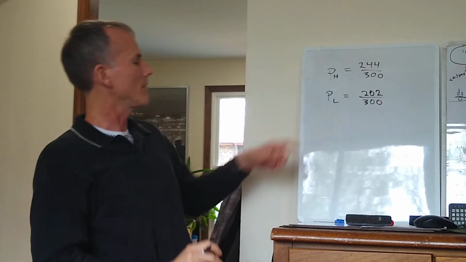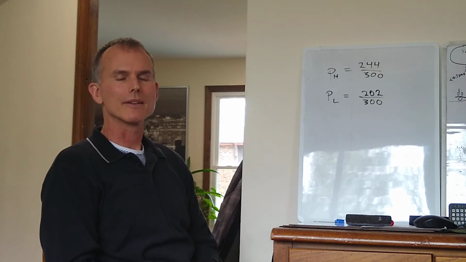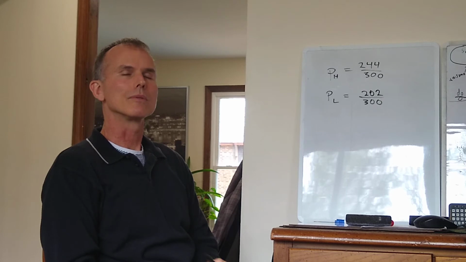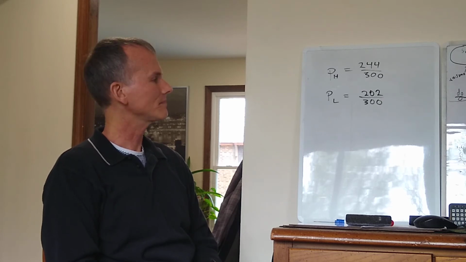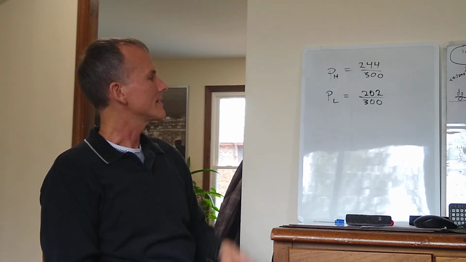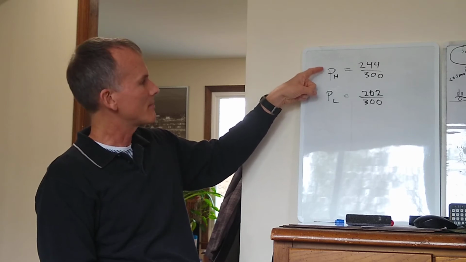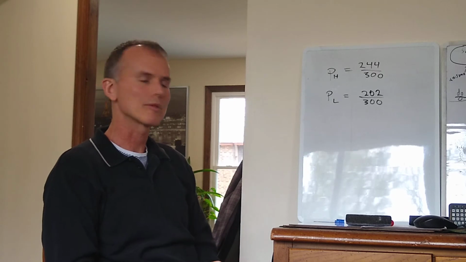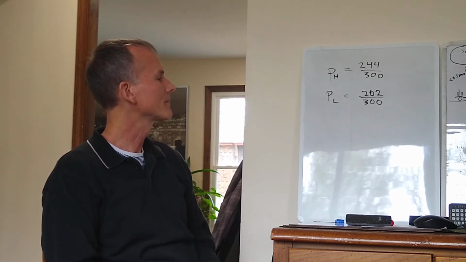Okay, so this many people out of 300 would be willing to buy an electric car if gasoline rose to over $6 a gallon. All right. Sample proportion, that's p sub H, the sample proportion of high income people. That's p sub L, the sample proportion for low income people.